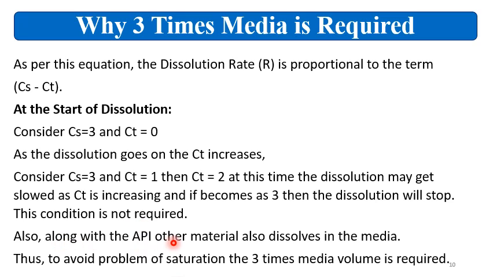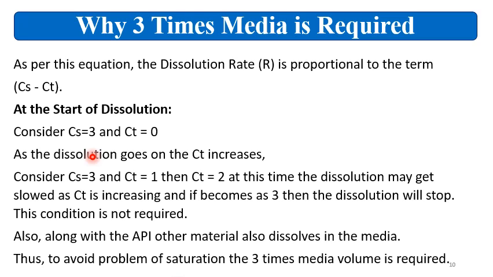Also, along with the API, the other materials are there which dissolve into the media. The soluble materials take the solvent capacity, and these materials will also have impact on the solubility of the API.